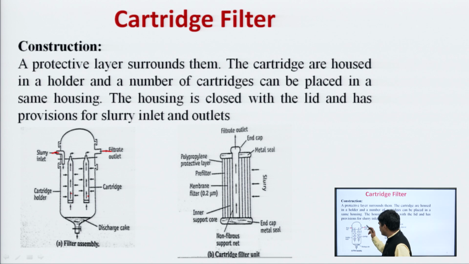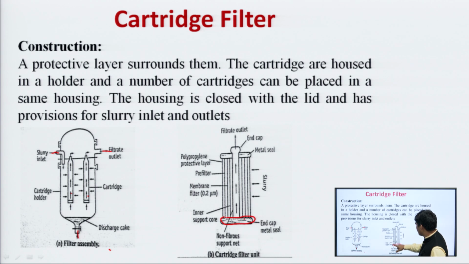This is the cartridge holder, and at the bottom of the cartridge holder there is an outlet for discharge of cake. That means the cake collected in this filter can be discharged from this cake outlet. Further, if you see this cartridge, there is a metal end cap and metal seal at the bottom of the cartridge.